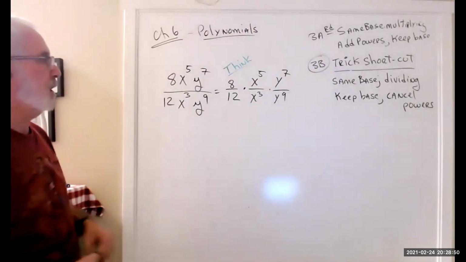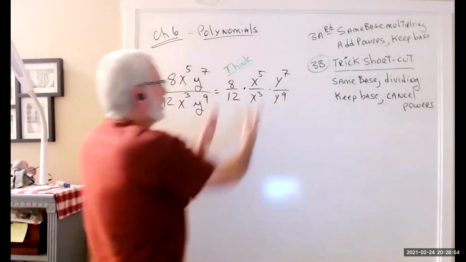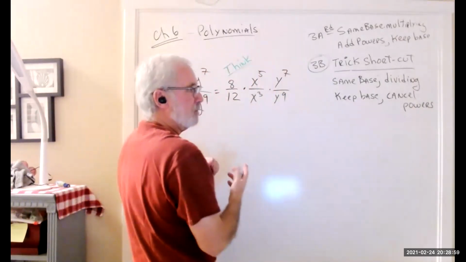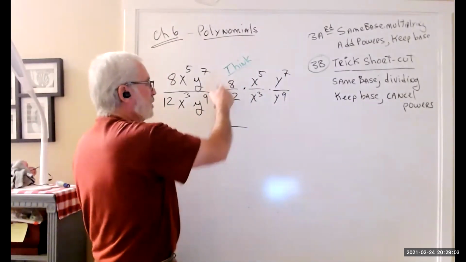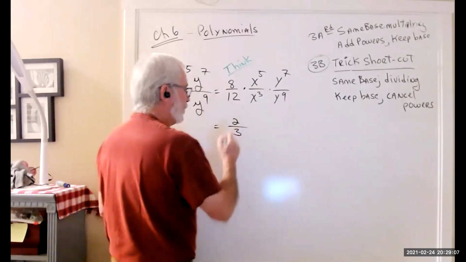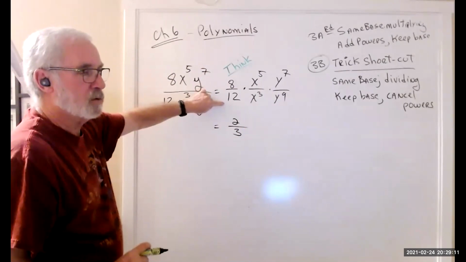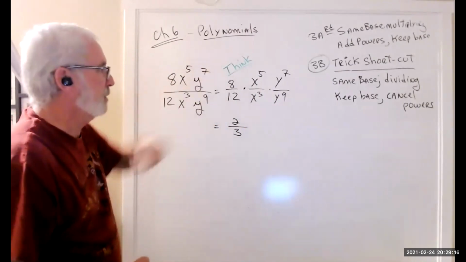But look what I've done. I've segregated numbers with numbers, x's with x's, y's with y's. And each one can be reduced, like 8/12 ultimately reduces down to 2 over 3, because you can divide by 4.